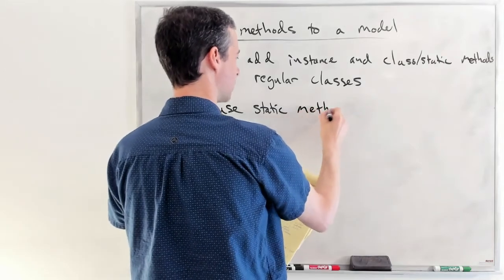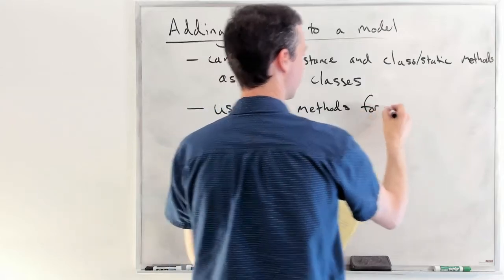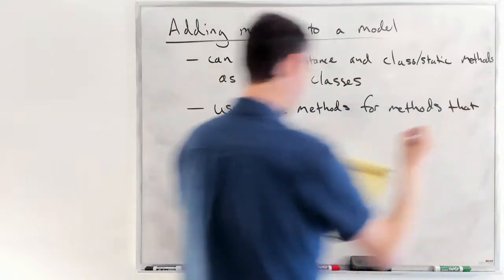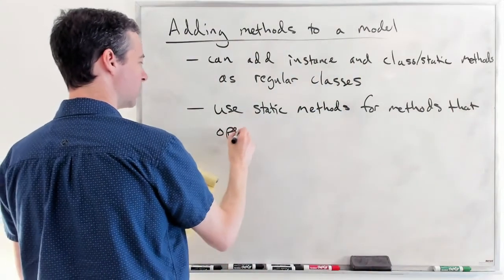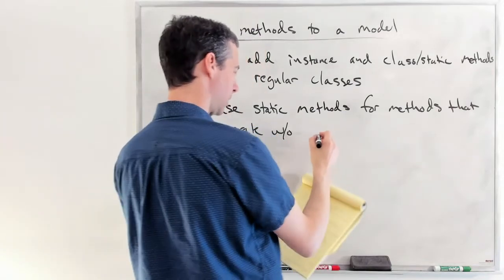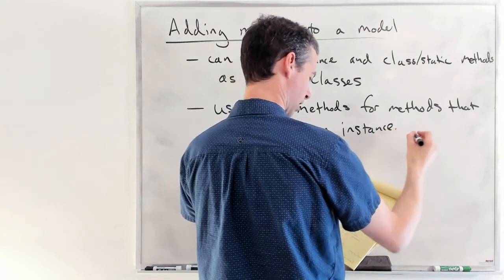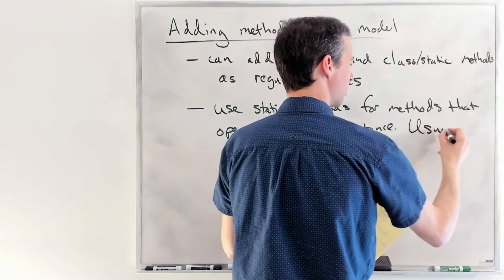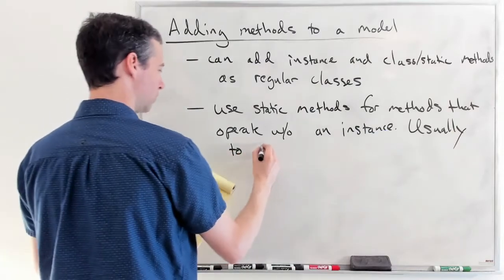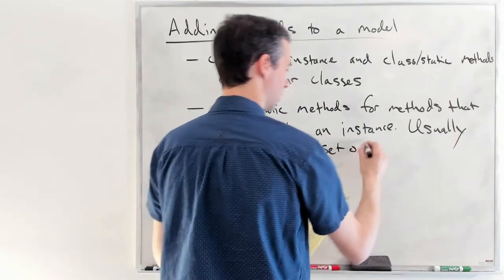Use static methods for methods that operate, again, as I just said, without an instance. In the case of Active Record objects, this is usually to fetch a set of objects.